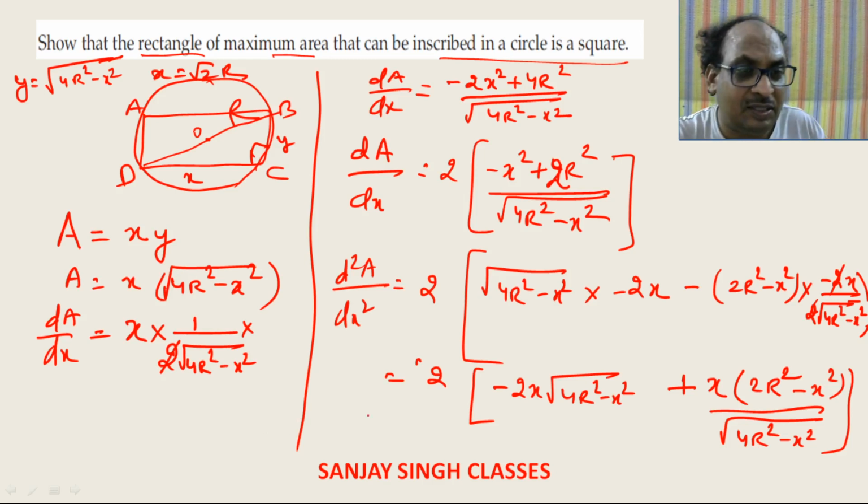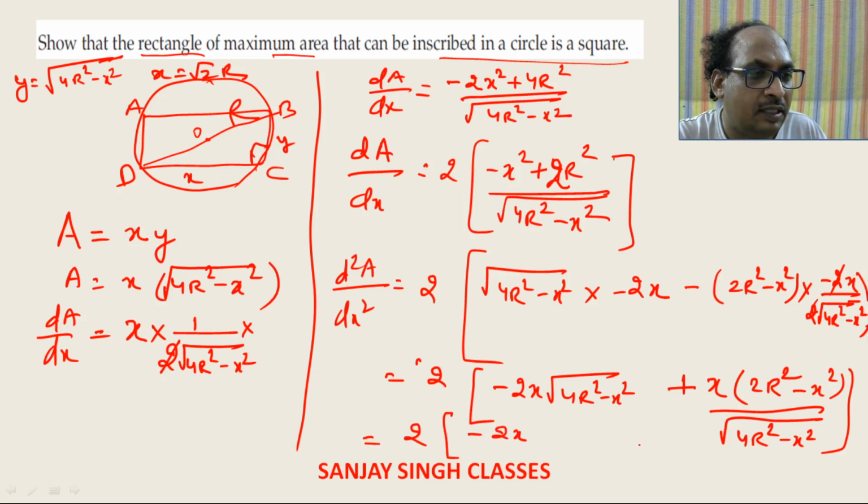Let us solve it. So minus 2x into 4r square minus x square. Let us multiply better.